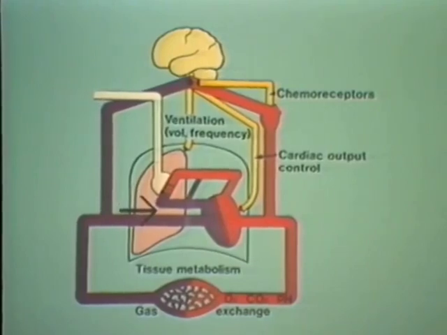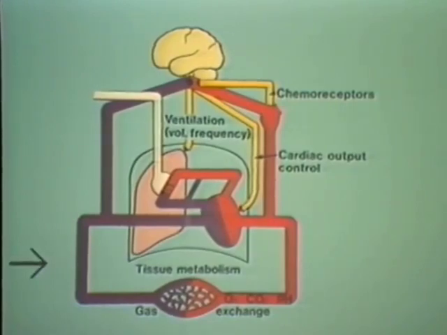There are arteries conveying blood round to the tissues where gas exchange takes place. The brain is sitting on the top, controlling everything, getting impulses and information from chemoreceptors and from the arterial gas tensions reaching it. And then there are other things we have to think about, such as, for example, the amount of dead space and the tissue metabolic rate and many other factors.